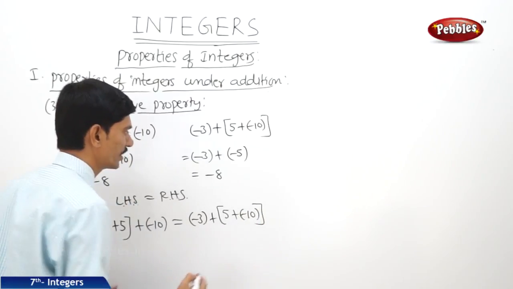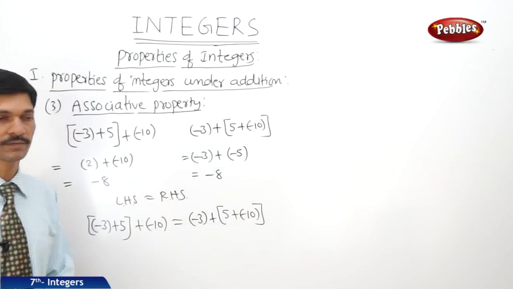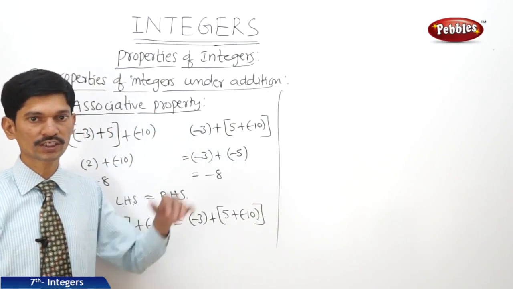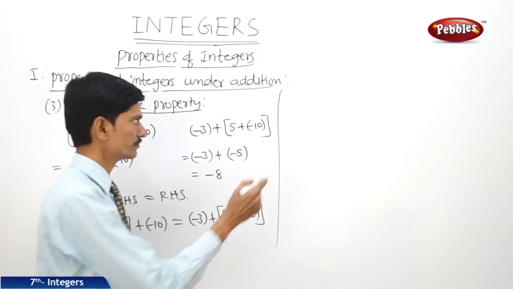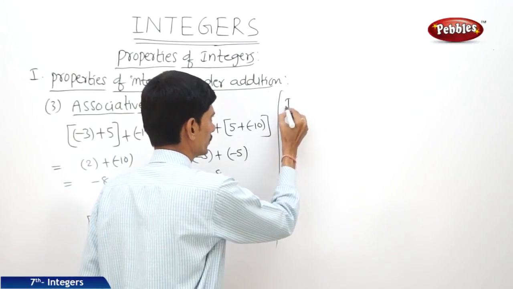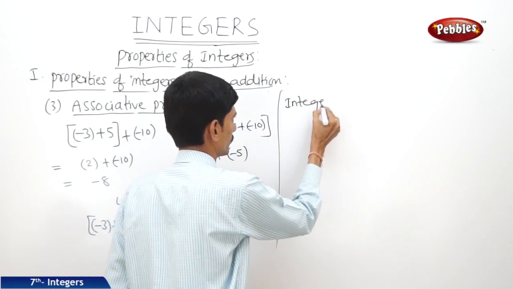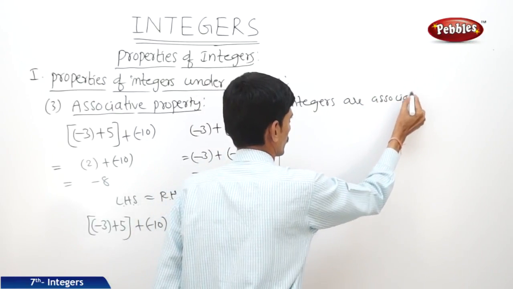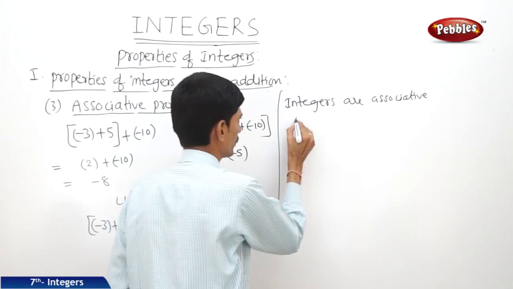Now this can be verified by taking any three integers. Now we can write that integers follow the associative property under addition, or integers are associative under addition.